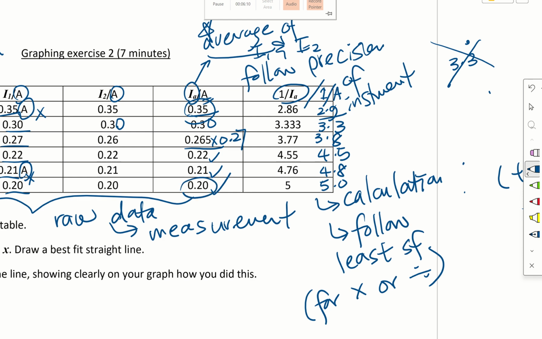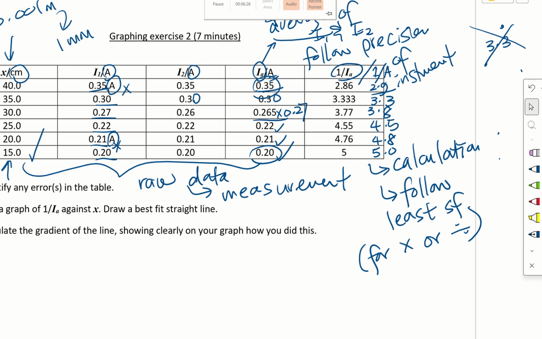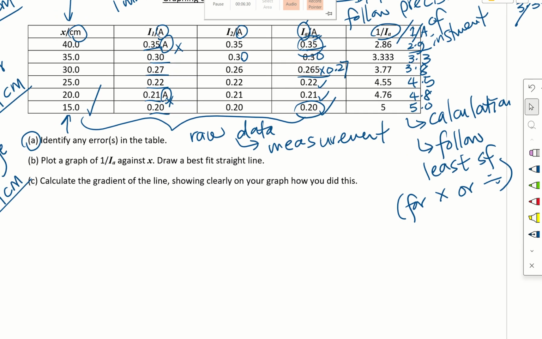Right? Because the raw data we are using for this division is actually 2SF. So 1 divided by 0.2 shown on your calculator is 5, but you still need to follow the least SF rule, which is 2SF. So you need to write 5.0. Okay, so this is very important, especially for the pure physics students.